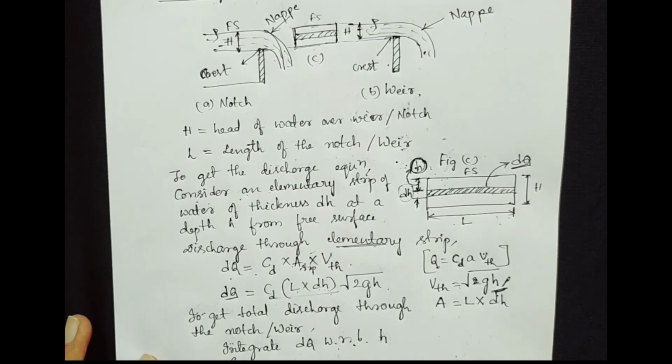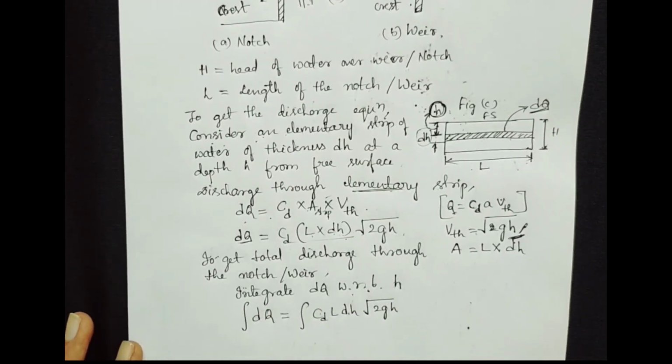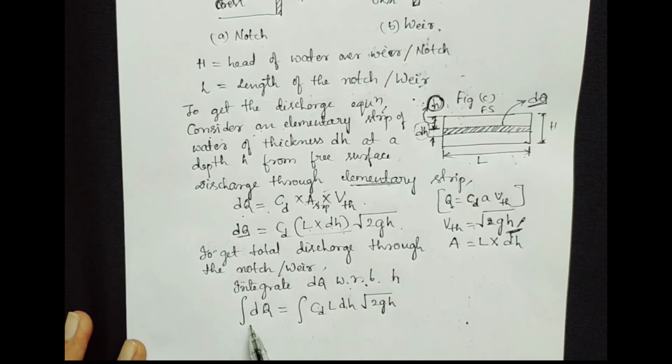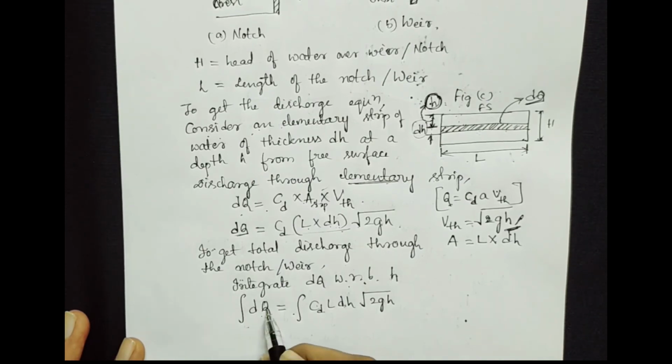So the integral of dq is equal to the integral of Cd L dh into root 2gh. The integration of dq is Q. What are the limits to integrate?